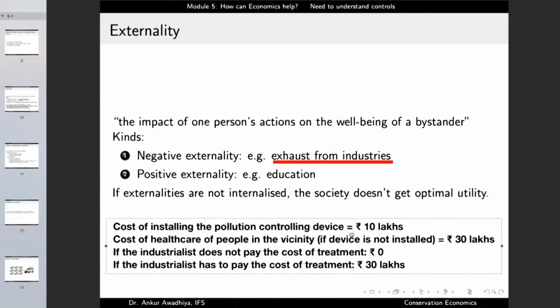Now, if this is the situation before the industrialist, he has got two options. Option one is that he or she should get the pollution controlling device installed, in which case the cost to the industrialist would be 10 lakh rupees. The second option is that you do not want to install this pollution controlling device, fine, go ahead. But any harm that you do to the surroundings, you'll have to pay for that.